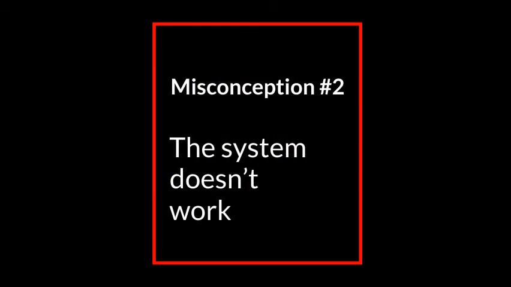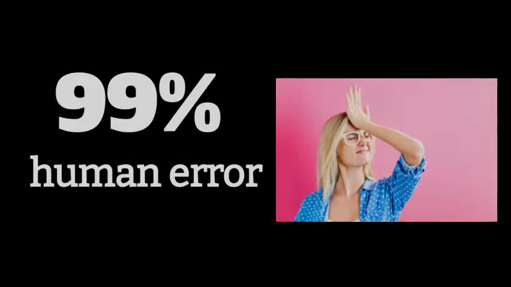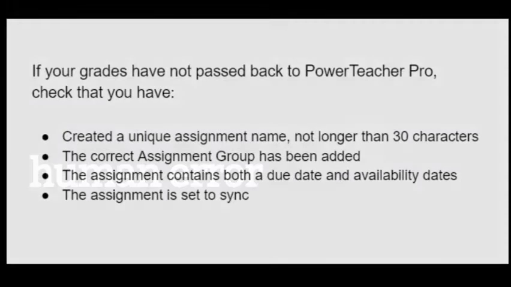The next big misconception is that the system doesn't work all the time, as grades don't always pass back. 99% of the time, the issues have been human error. If your grades have not passed back to PowerTeacher Pro, check that you have created a unique assignment name, not longer than 30 characters. The correct assignment group has been added.